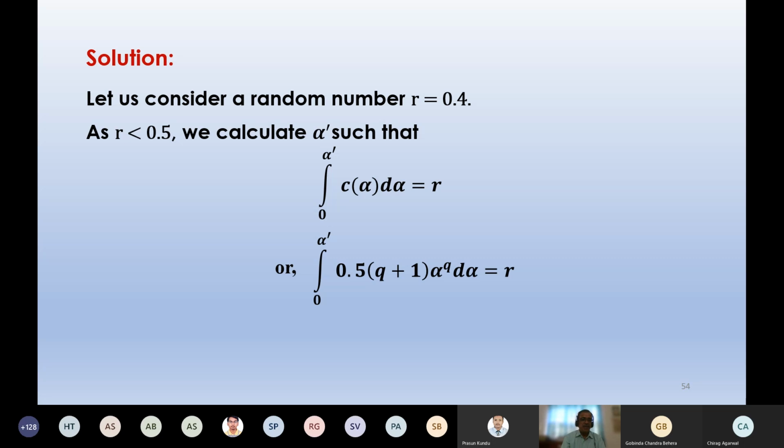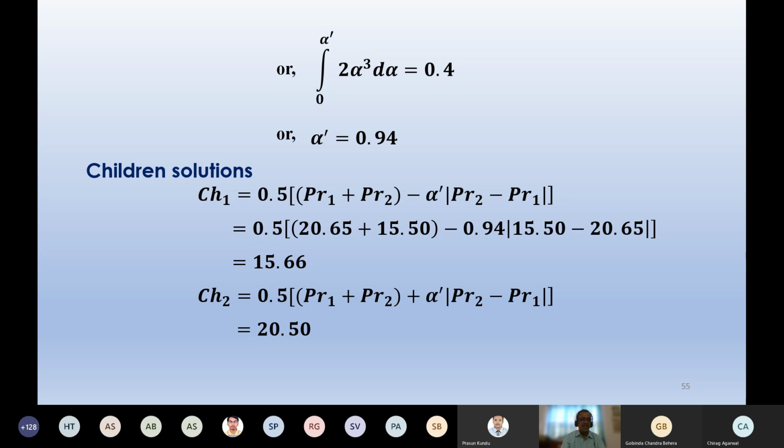If you carry out this integration and simplify, you'll get the value for alpha prime. Here q is equal to 3 and R is 0.4. So very easily you can find the unknown alpha prime. If you solve further, you'll get alpha prime equal to 0.94, and that is less than 1. It is obvious because this is in the contracting zone.